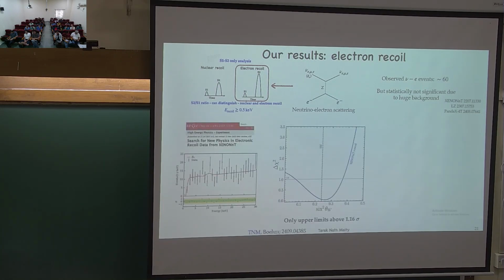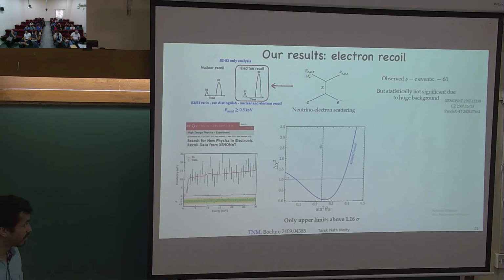Still, we have used this XENONNT electron recoil result, and here is our chi-square profile for it. The blue solid line is what we are getting from our numerical simulation, and as you can see, above 1.16 sigma you can only get an upper limit on sin square theta w. You just cannot get any measurement, because your measurement is not good enough. It's background dominated.